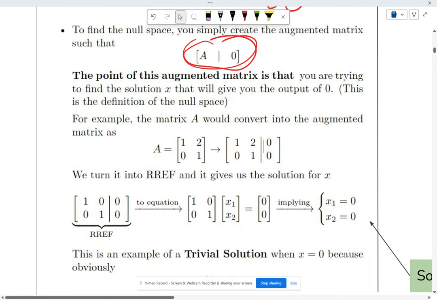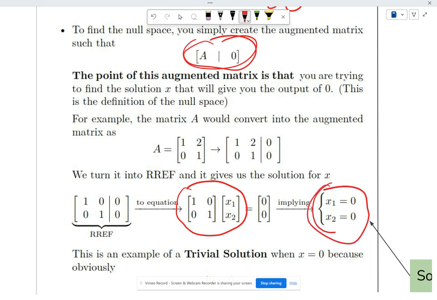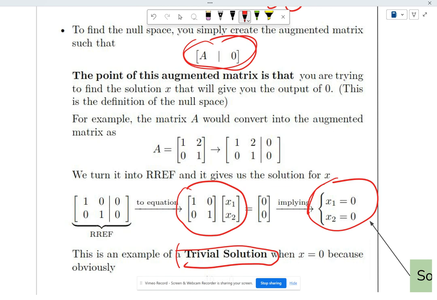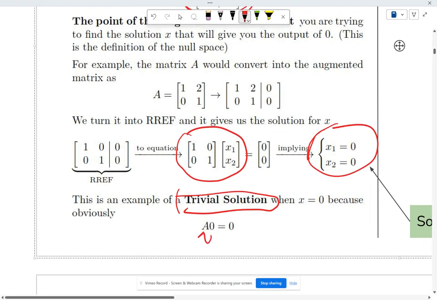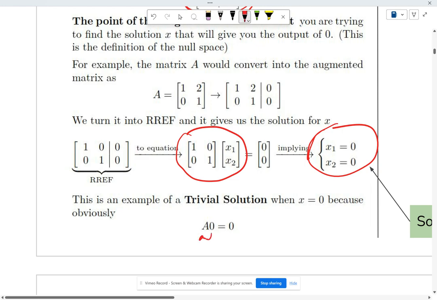Next, we turn it into reduced row echelon form, and from it we can see that x1 and x2 are both zeros. When the solution of the null space is a unique solution at 0, that's called a trivial solution, because 0 times anything is obviously 0.